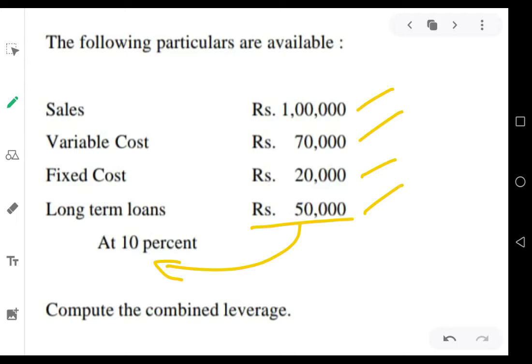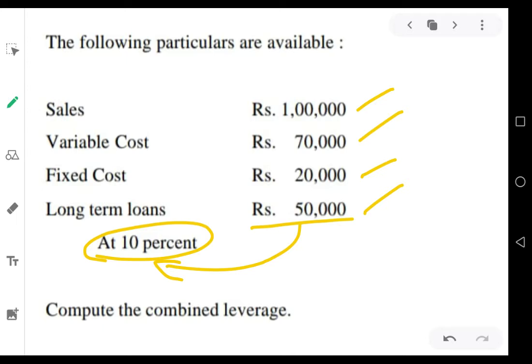There will always be a cost component for raising borrowed capital. So in this case, the long-term loan is taken by the organization at 10% interest. That means on this 50,000 rupees, 10% interest has to be paid by this company to the financial institution or bank or whatever place they have taken the loan from.